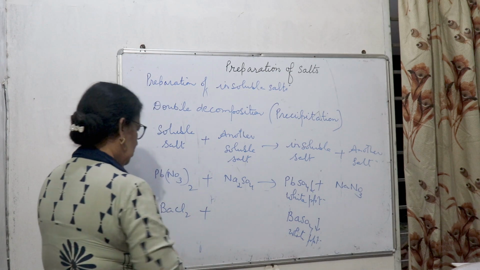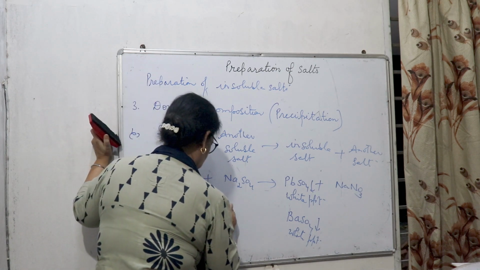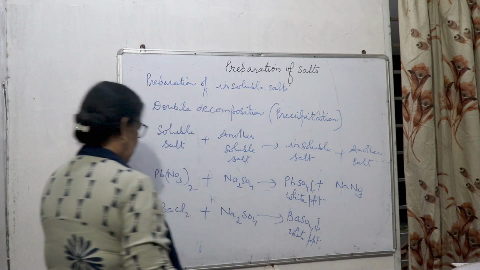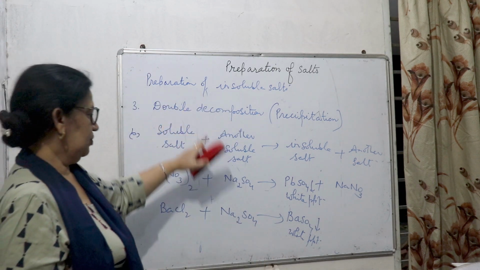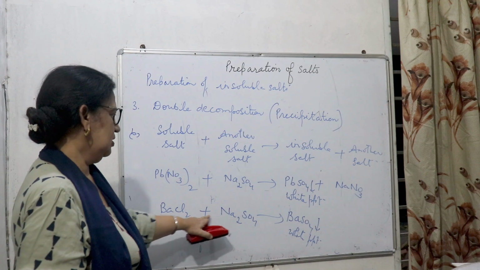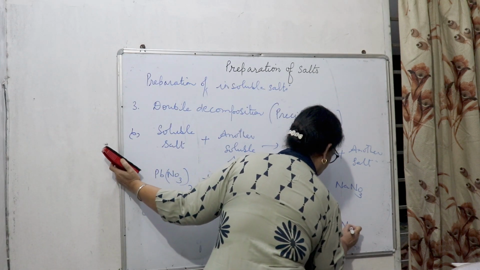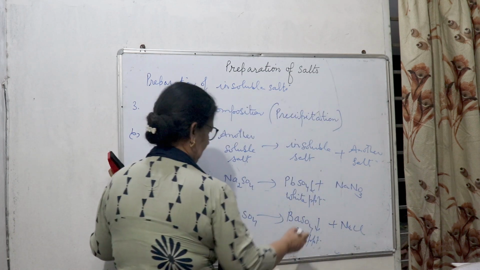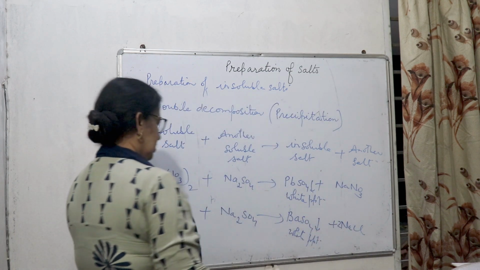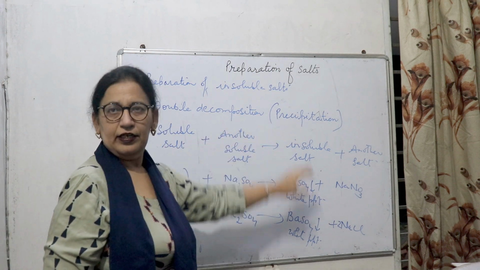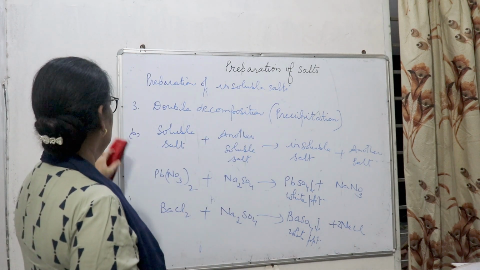And we are going to put sodium sulfate into it. Then by double decomposition, by mutual exchange of radicals, this has become barium sulfate plus sodium chloride. So this is one of the methods, double decomposition, that is precipitation.